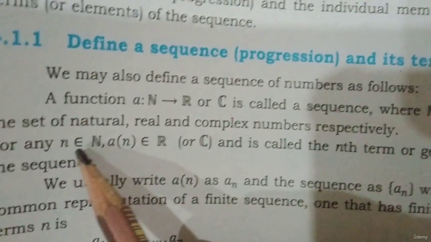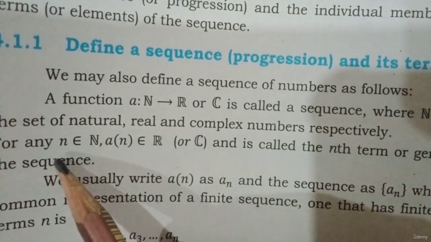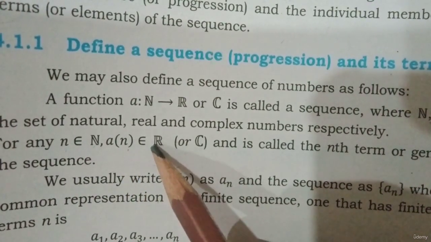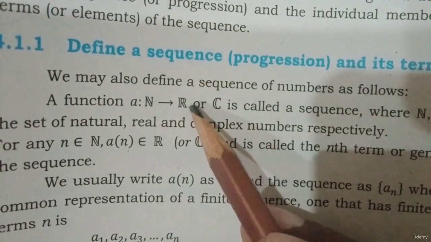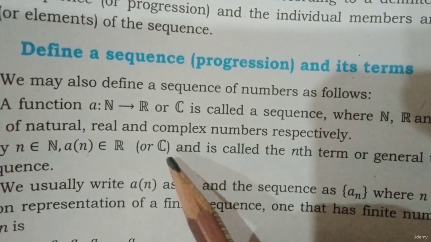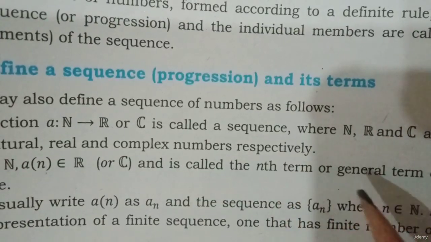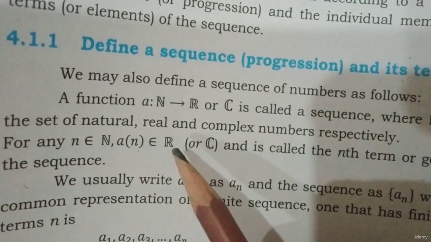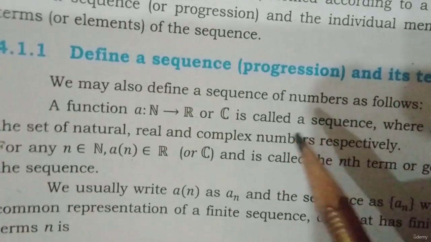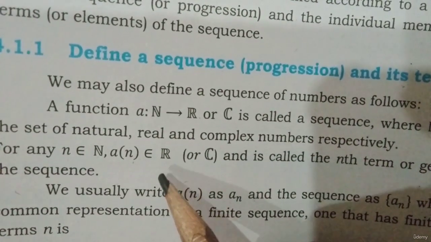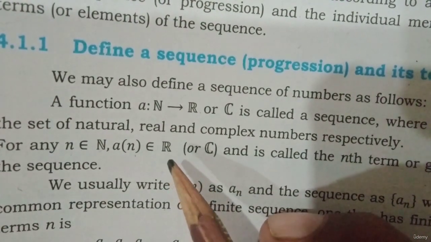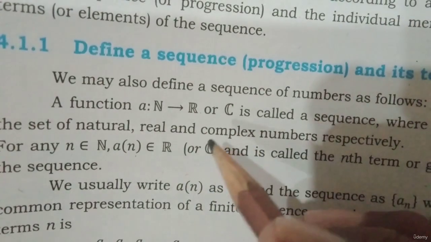For any n belonging to the natural numbers, the value a(n) in R or C is called the nth term or general term of a sequence. Because if there is a pattern, then there should be a rule, and that rule gives you a general formula, called the nth term, for each sequence.